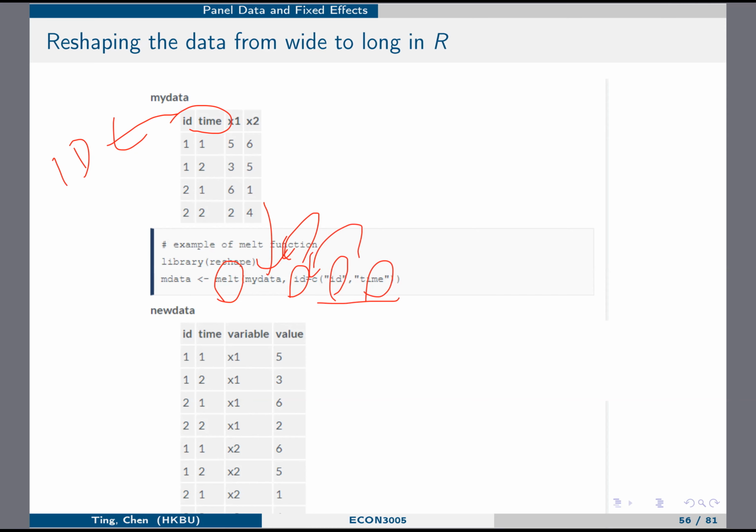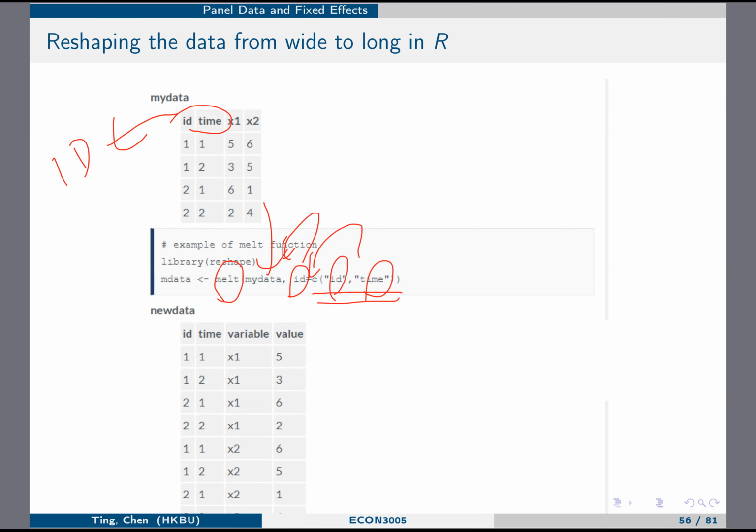We're telling R the unique identifier for each row in this wide format of data is contained in this vector, okay?